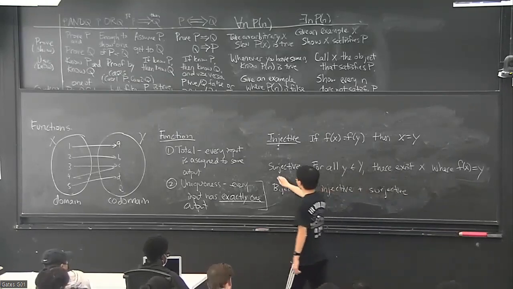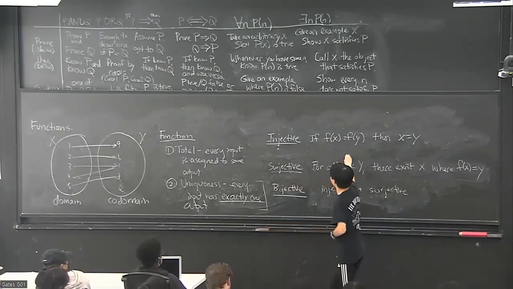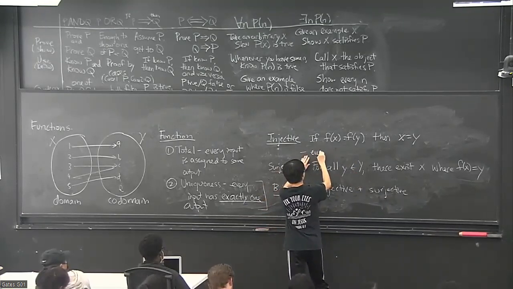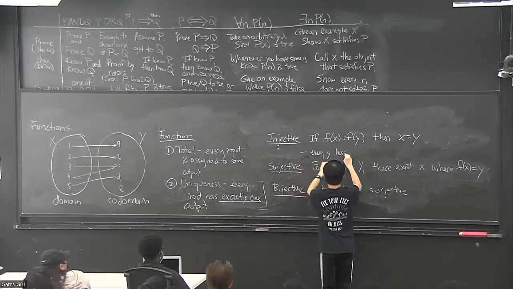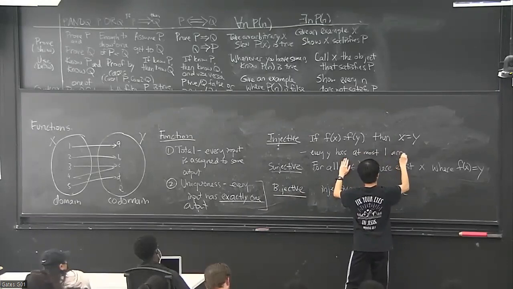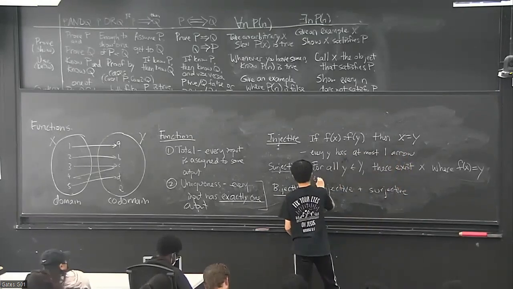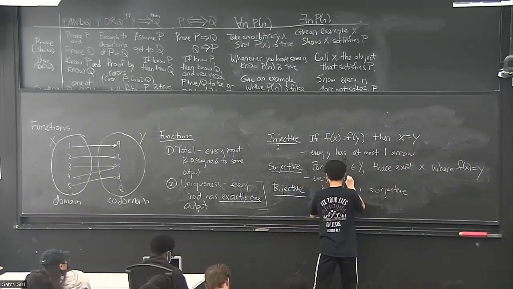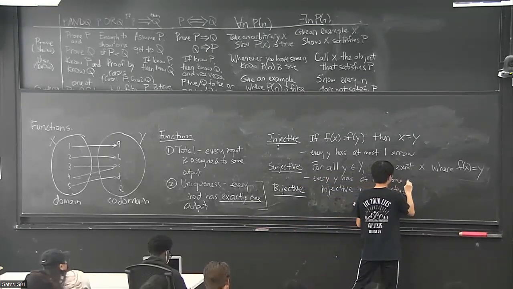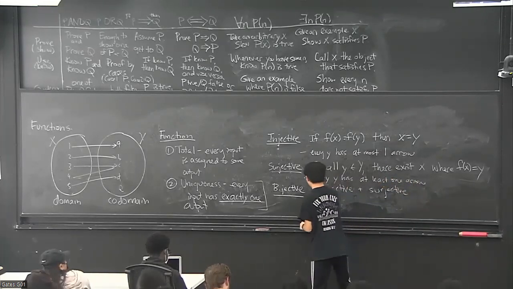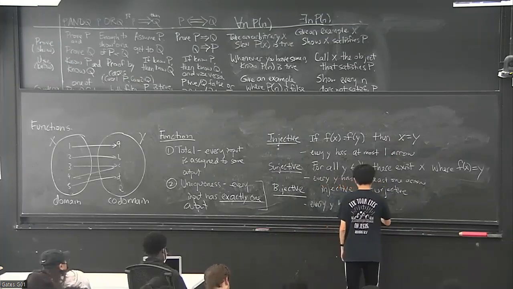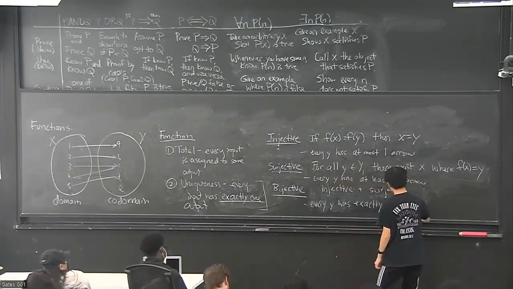Here are the intuitive definitions of these three. Injective means every y has at most one arrow. Surjective means every y has at least one arrow. Bijective means every y has exactly one arrow.